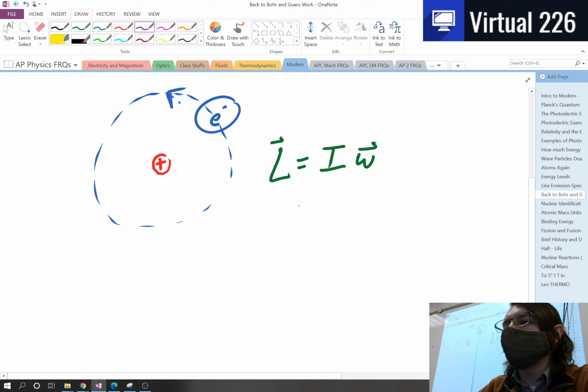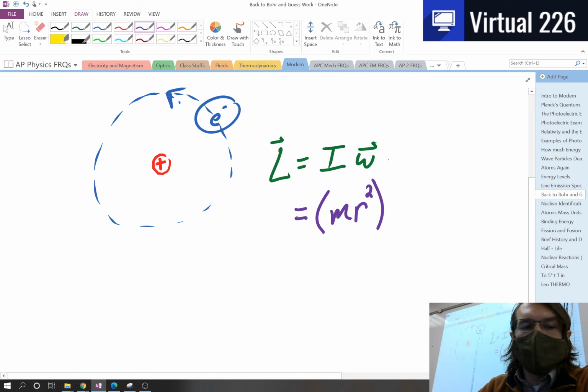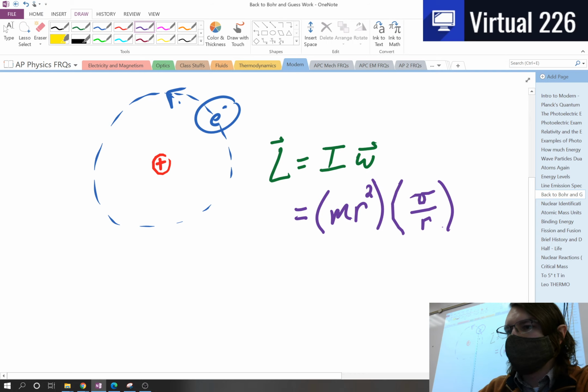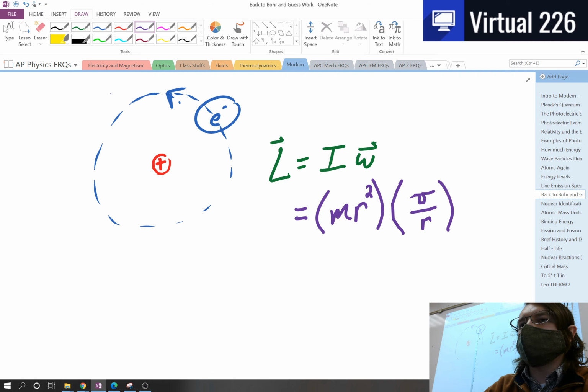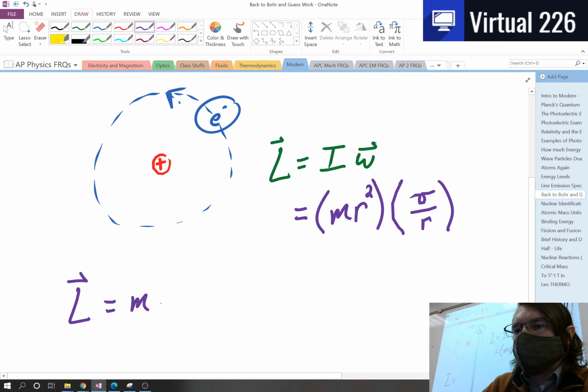Now, if we do this for a point charge, which is what we'd consider an electron, the moment of inertia would be mr squared, and then converting the angular velocity into a linear velocity, we'd get v over r. As we see, this is the exact same as for our planets: the angular momentum is just going to be mrv.